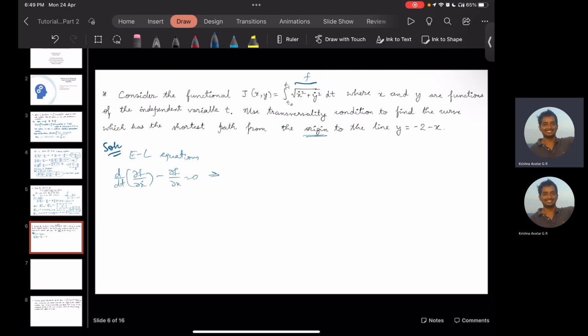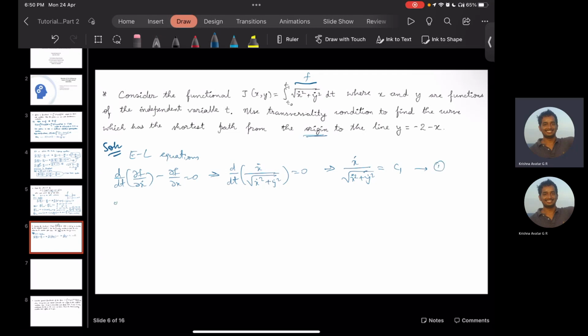And then this implies that d by dt of x dot by root over x dot square plus y dot square is equal to 0. Is it not? So this implies that x dot by root over x dot square plus y dot square is equal to some constant c1.